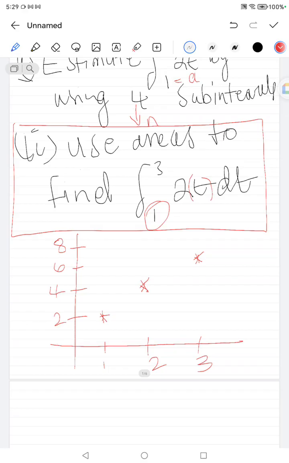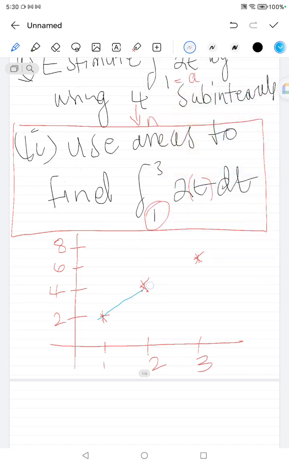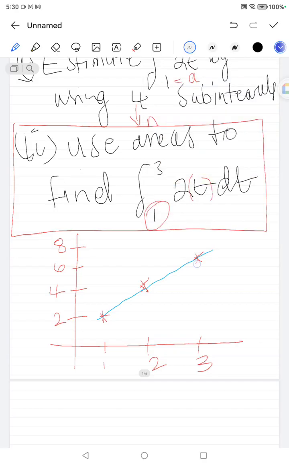So now you can see that this creates a straight line. Then we have something that looks like this. But now we're supposed to be finding the area, and it's kind of difficult to determine the area of something that looks like this.